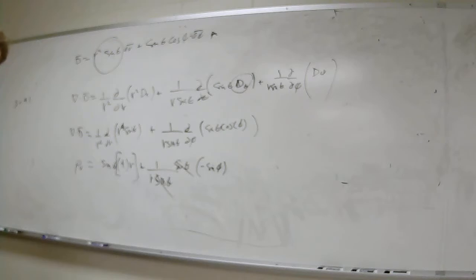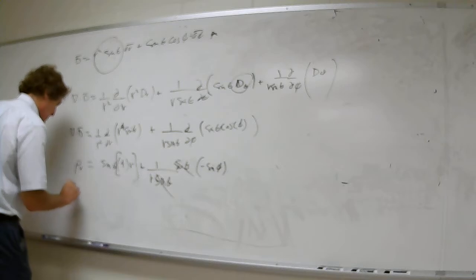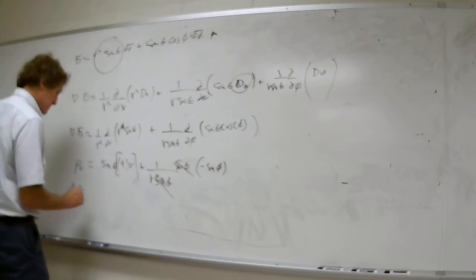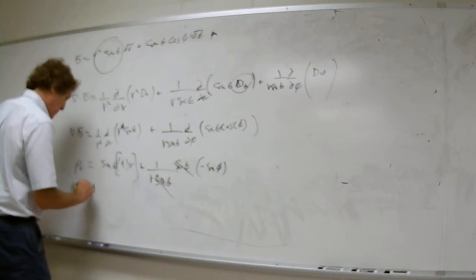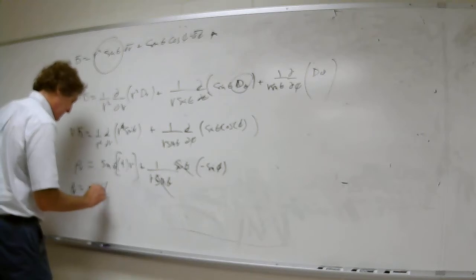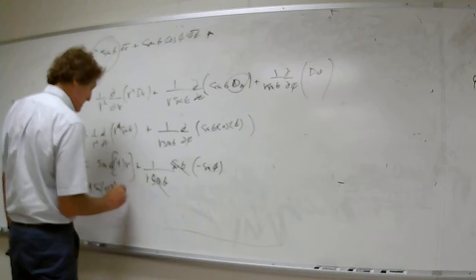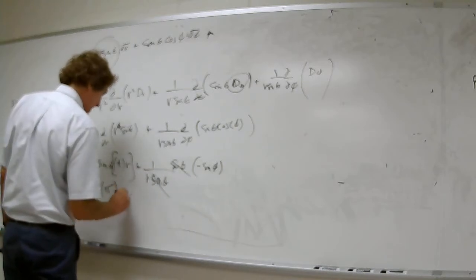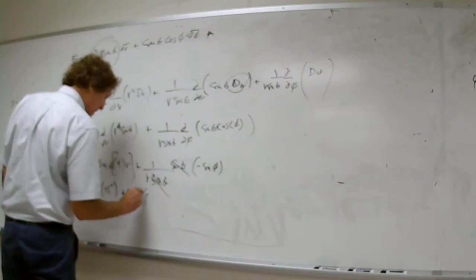What is the position he wants us to evaluate at? R equals 1? Yeah, r is 1. 45 degrees, so pi over 4. So this is going to be 4 times 1 times the sine of 45 degrees, right? Plus 1 over 1 is 1, and this is going to be minus the sine. Is phi 45 as well? No. 90? Yeah, phi is 90 degrees.